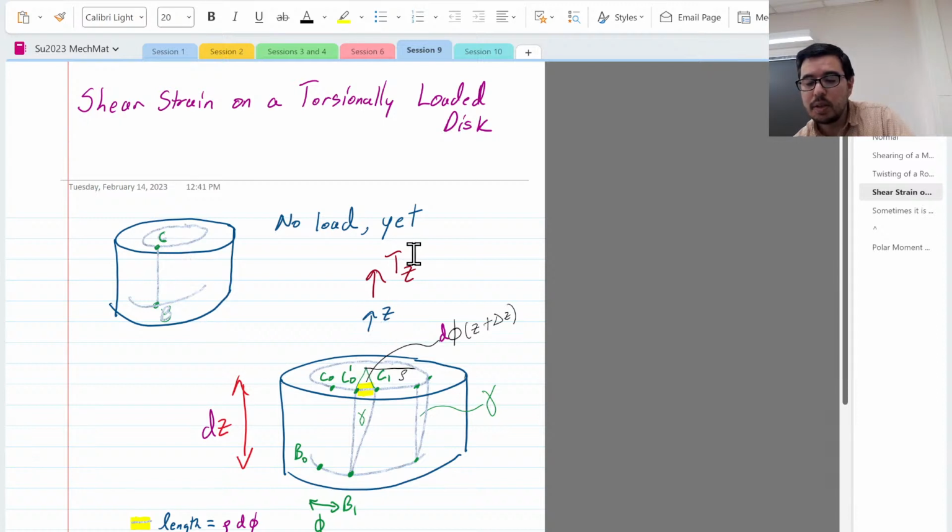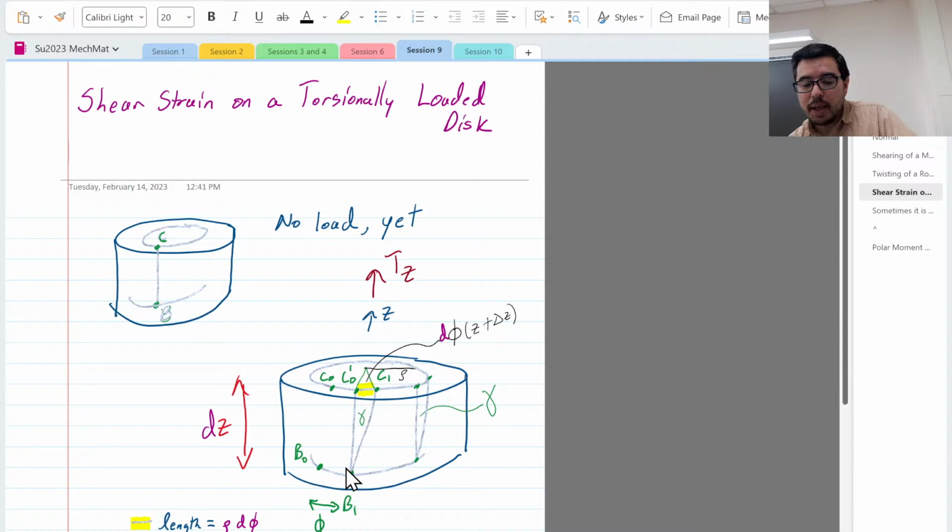This is T_z, meaning torque in the Z direction. By the right-hand rule, that's causing a twist like this, and it's causing the original B to go to B1, and the original C, what we'll call C naught, to move to C naught prime, and then even further because there's relative twist. So that original C naught goes to C1.